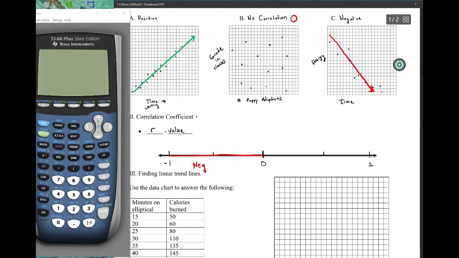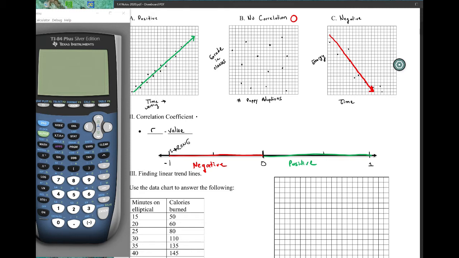Whereas everything in the positives, these are all positive correlations. Stronger relations occur the closer you are to 1. So strength, it's a stronger correlation if you are closer to -1 or +1.